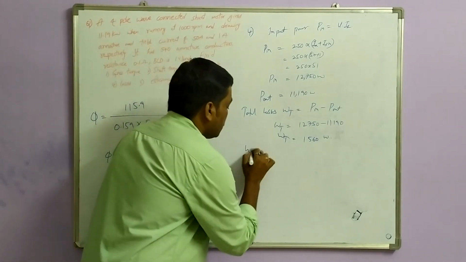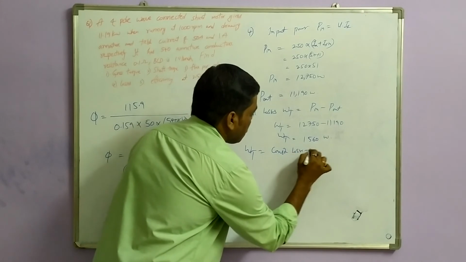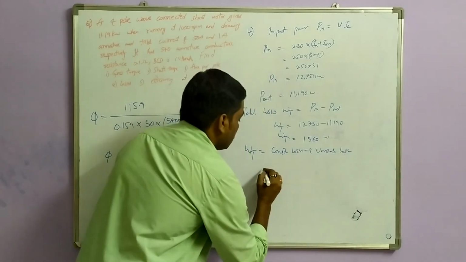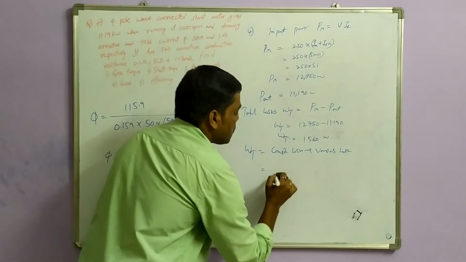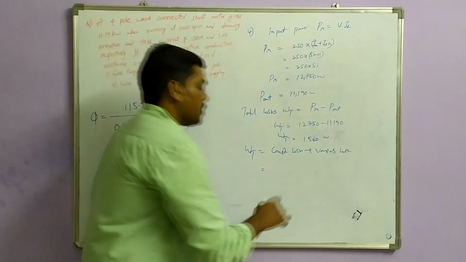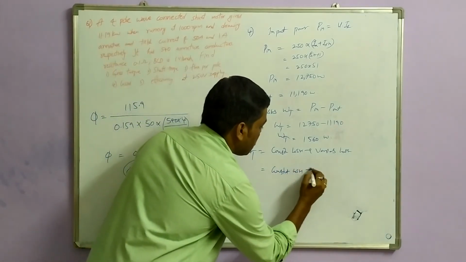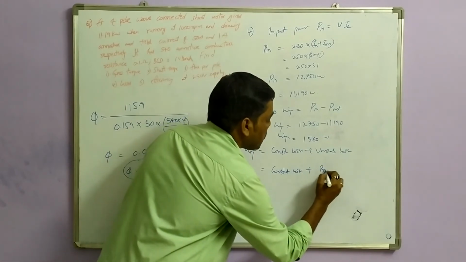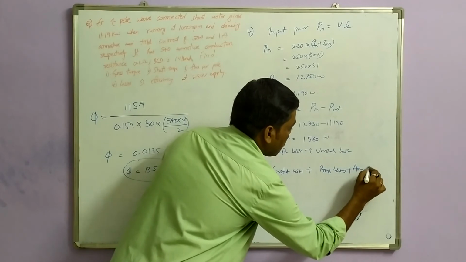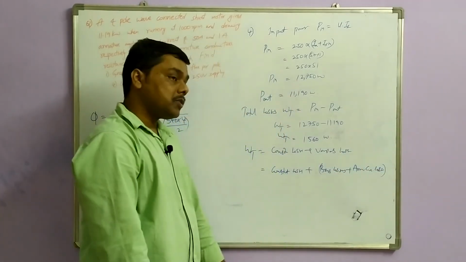Okay, so WT is nothing but constant losses plus variable losses. So constant losses are nothing but iron, mechanical and also shunt field copper losses. So I am writing as usual, constant losses plus variable losses, where variable losses are nothing but brush losses plus armature copper losses. Now what are the brush losses?